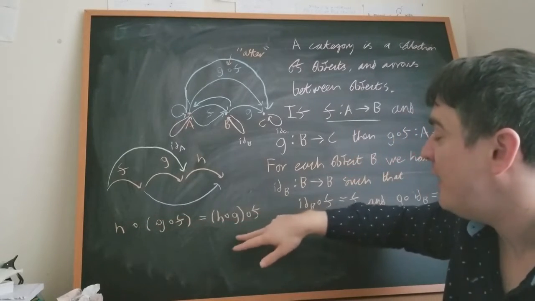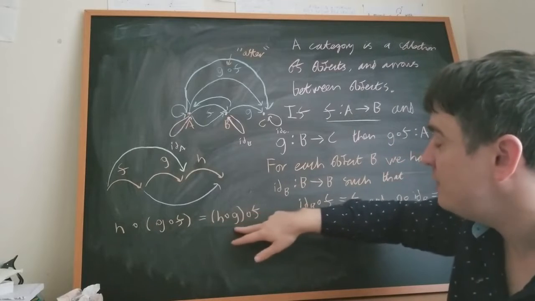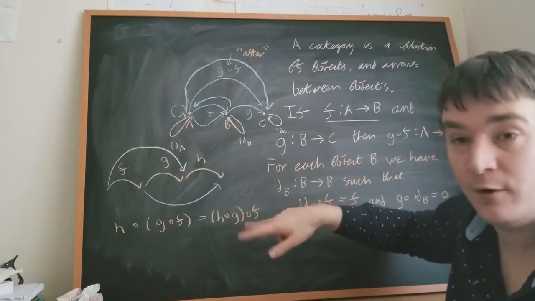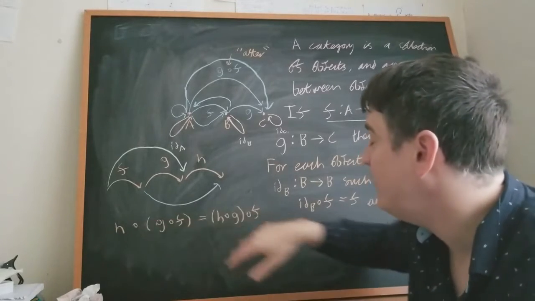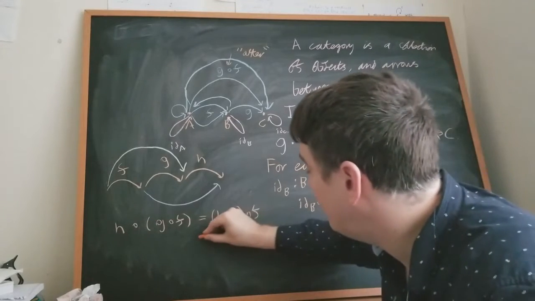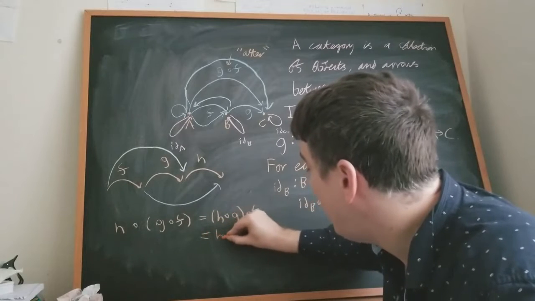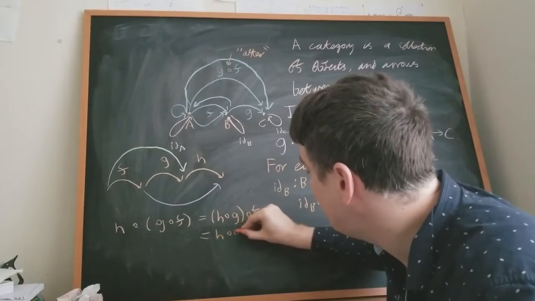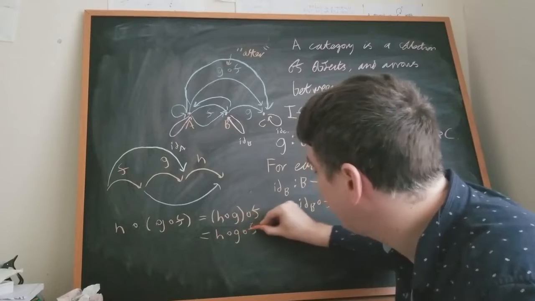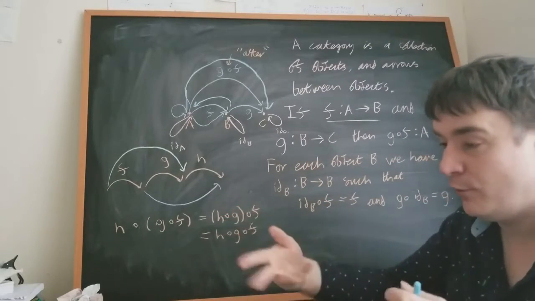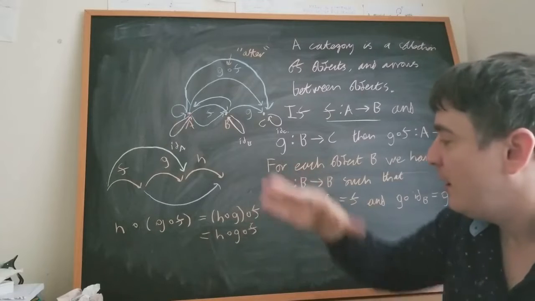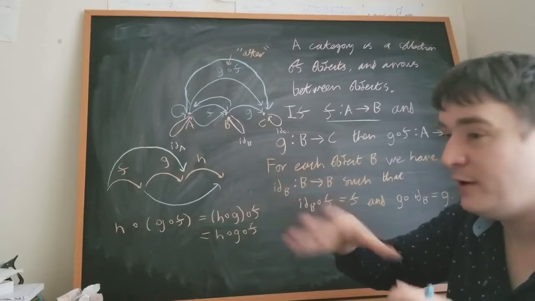In this case here, we're evaluating this composition first and then we're composing with F. But I'm saying it doesn't matter which one of these you do. So essentially we can just write H after G after F.